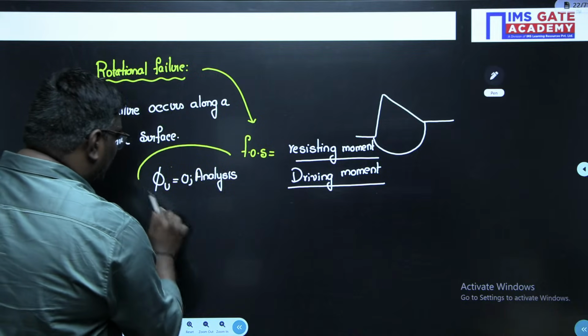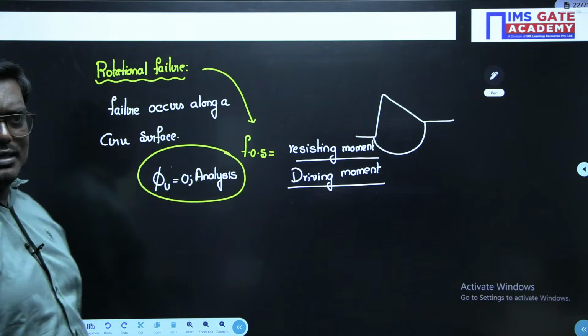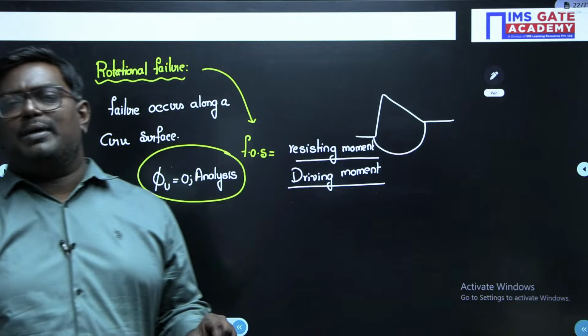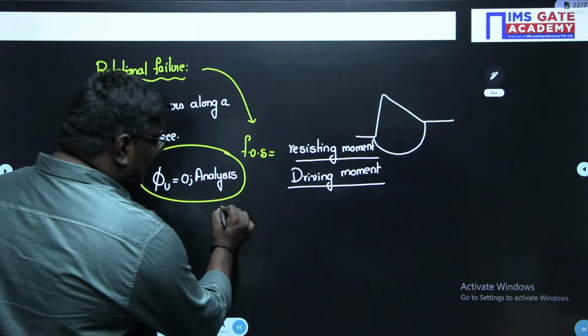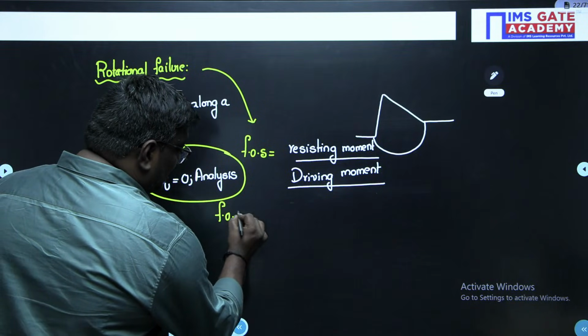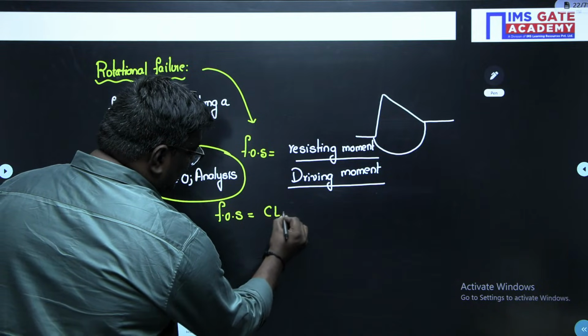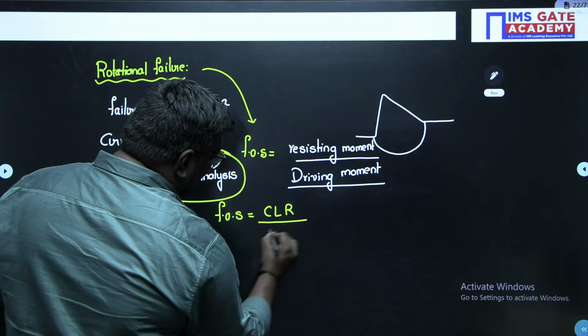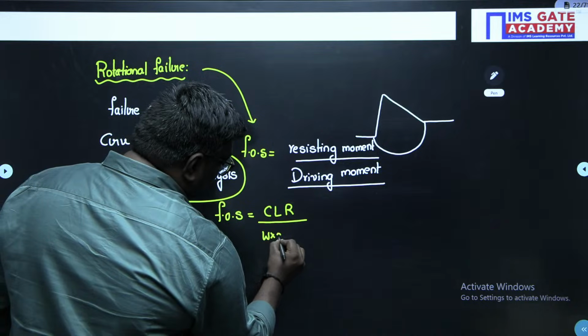When I talk about phi u is equal to 0 analysis, the resisting moment is given by the formula. They can ask you separately, that is the reason I am giving this. CLR is the resisting moment and the driving moment is W into X bar.